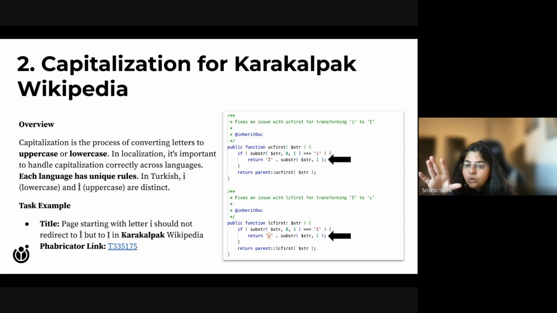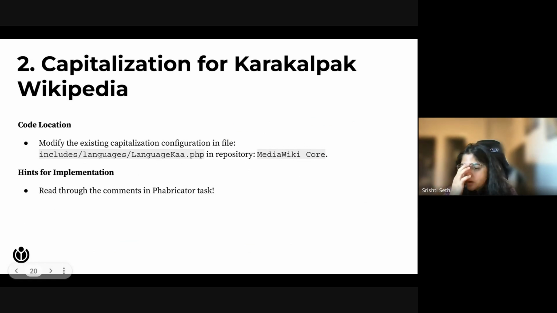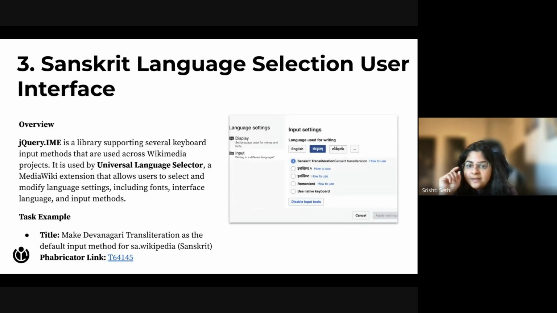The screenshot of the code on my slide shows the two functions that are already in the code right now that were doing this transformation from i to I with a dot. Now the community is asking to change this and make it some other letter. Again, a very simple thing to do. To work on something like this, you'll have to make changes to MediaWiki core, go to this language file, which is specific to this Wikipedia, and you will learn more by reading through the comments and Phabricator tasks.